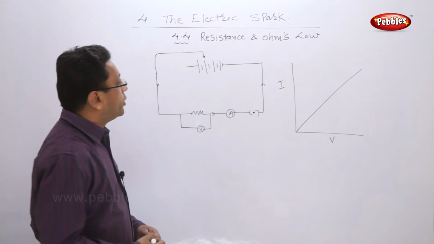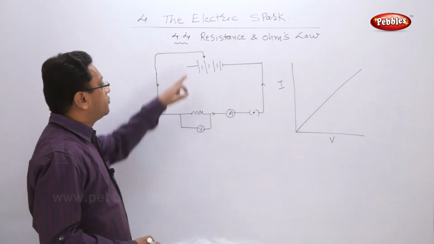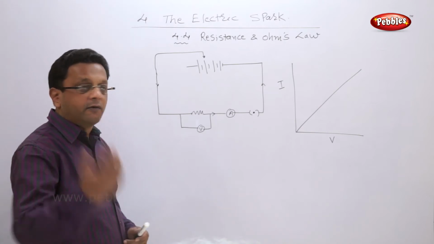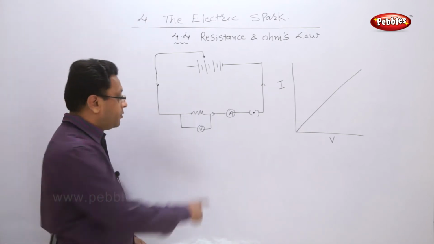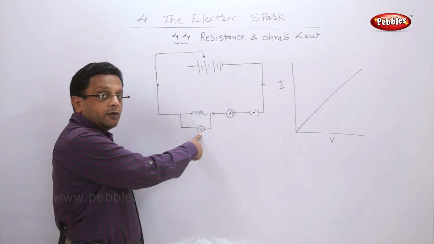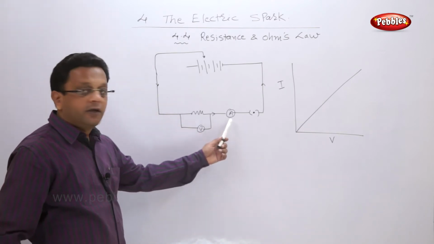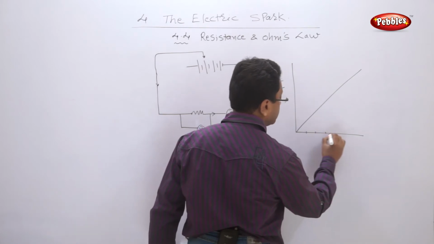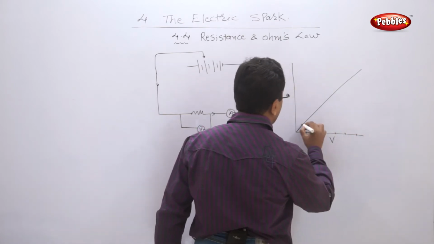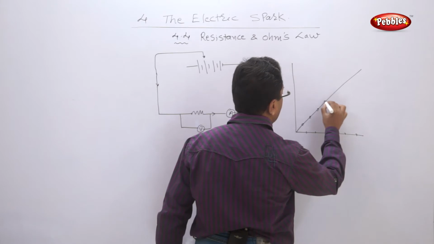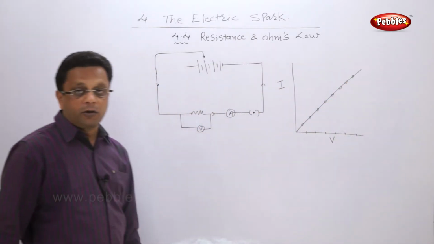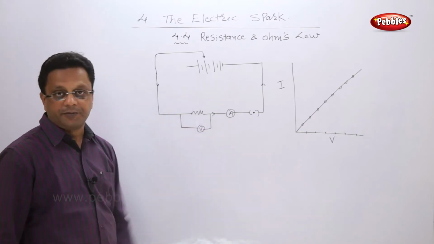So we are going to adjust this voltage from 1.5 to 12 gradually, and at the same time we will check what the voltage is in the voltmeter and what the current is in the ammeter. As your voltage goes on increasing, you will see that the current is also going on increasing.